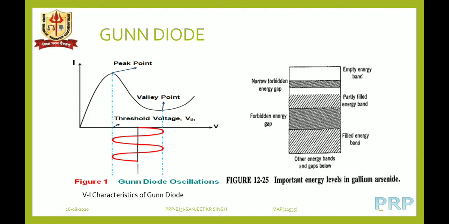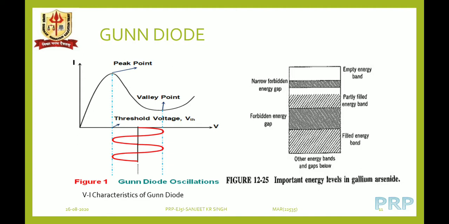So this is the negative resistance region we see between the peak point and the valley point. This is obtained when we have the voltage gradient of 3.3 kV, 3300 volts per centimeter, across the thin slice. And if we continue to have such oscillation, then we can have the microwave signal generated across a tuned circuit.